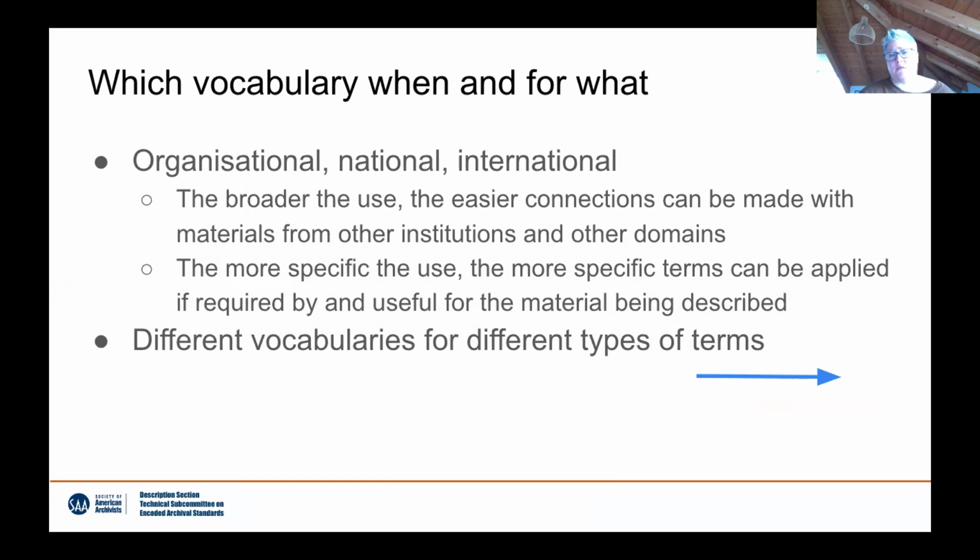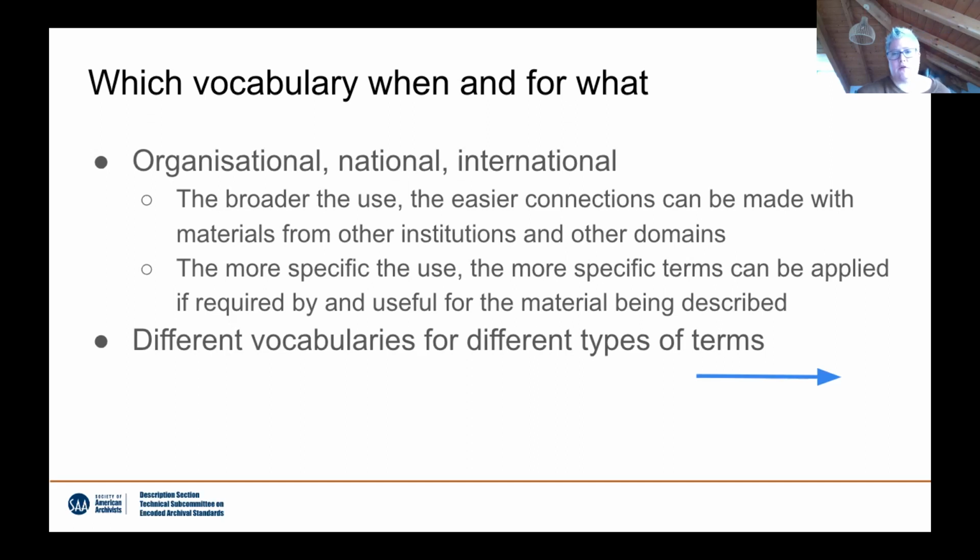And the more specific the use of your vocabulary is, the more specific terms can be applied if required by and used for the material being described. So there is this variation which you essentially have to decide for your own use case, which type of vocabulary serves you best.